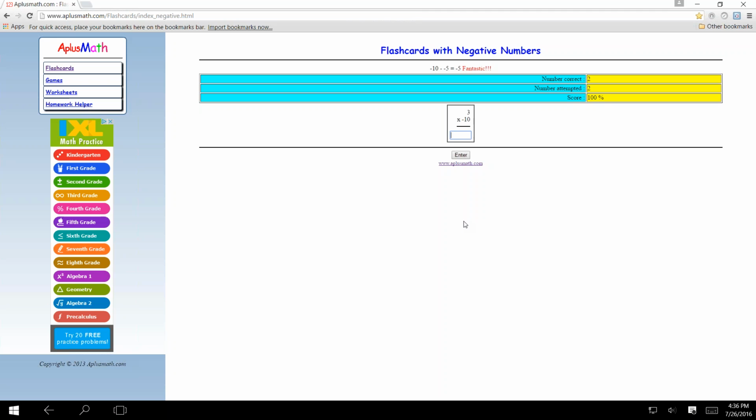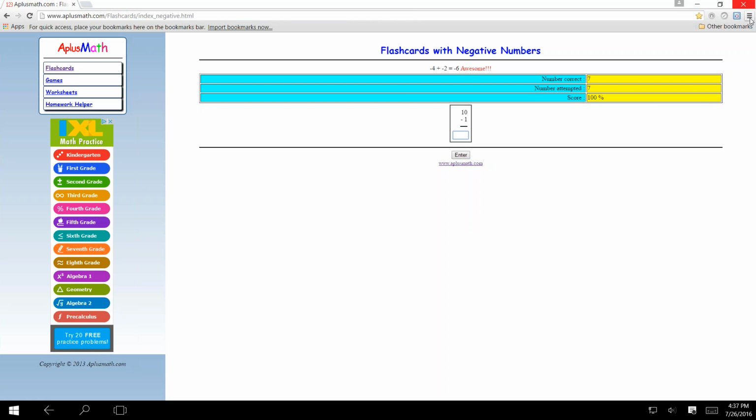This one? -30. 90. 11. 1. Good. Is that -4 plus -2? It's kind of fuzzy. Yes. Okay. -6.